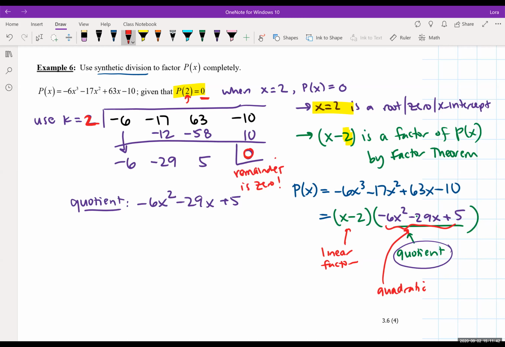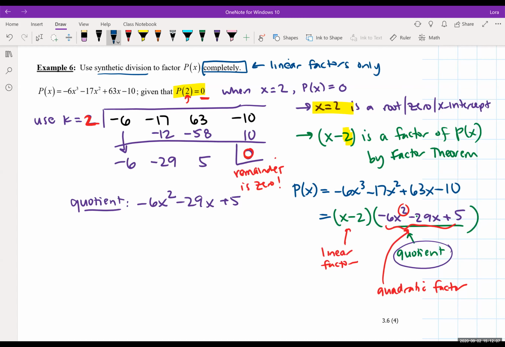Do you remember why it's called quadratic? If you said, yeah, the highest power we see is a 2, you are correct. So we have the factorization going on, but when they say factor completely, they are interested in making sure we have linear factors only.